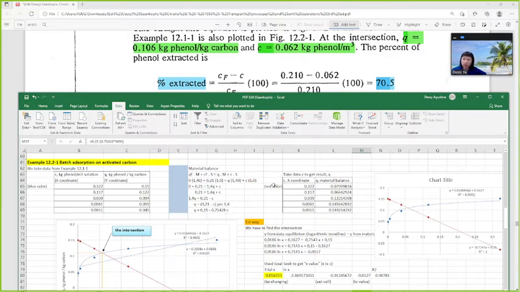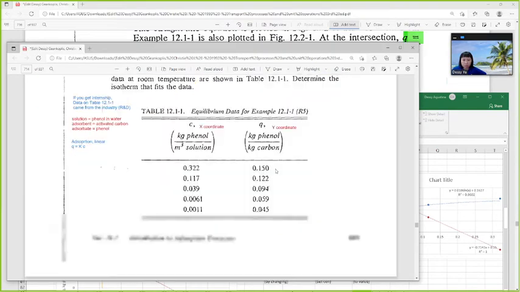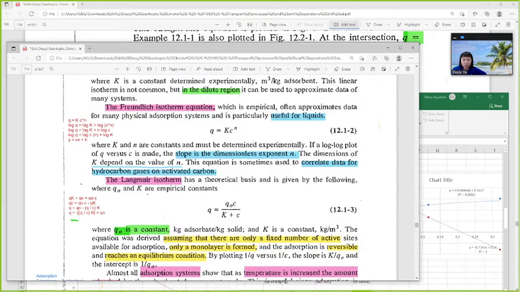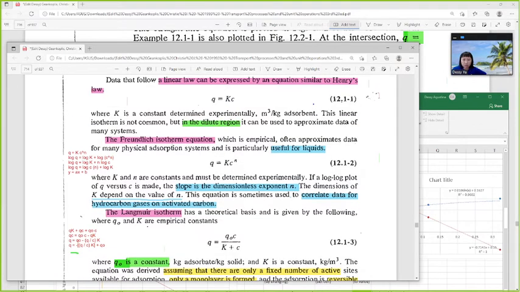From the Freundlich isotherm, we know that Freundlich is logarithmic, and the Langmuir isotherm is linear.